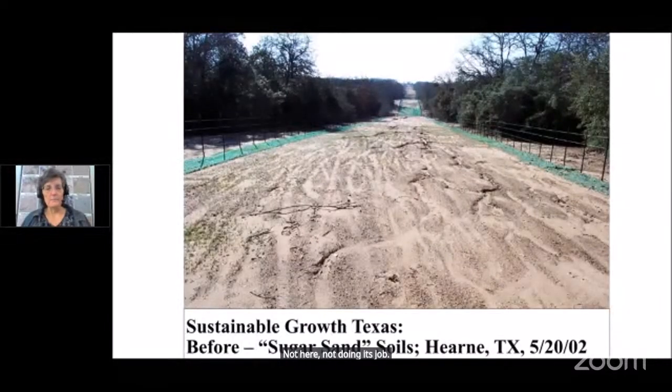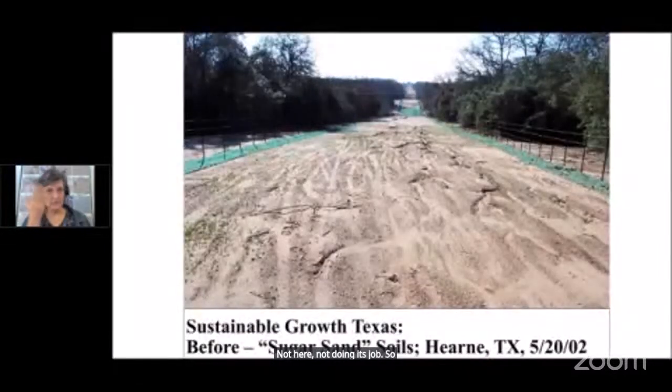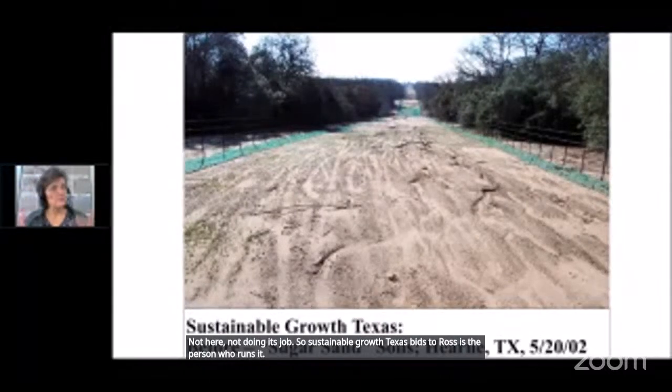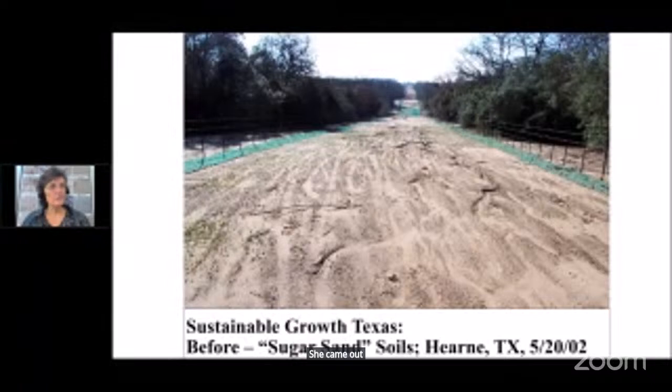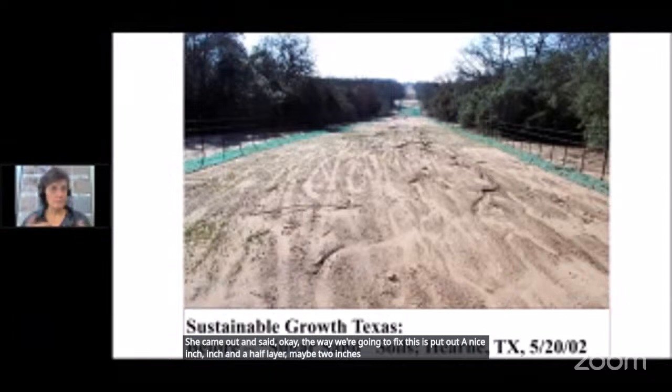So Sustainable Growth Texas, Betsy Ross is the person who runs it. She came out and said, okay, the way we're going to fix this is put out a nice inch and a half layer, maybe 2 inches of compost with all the right biology in it.